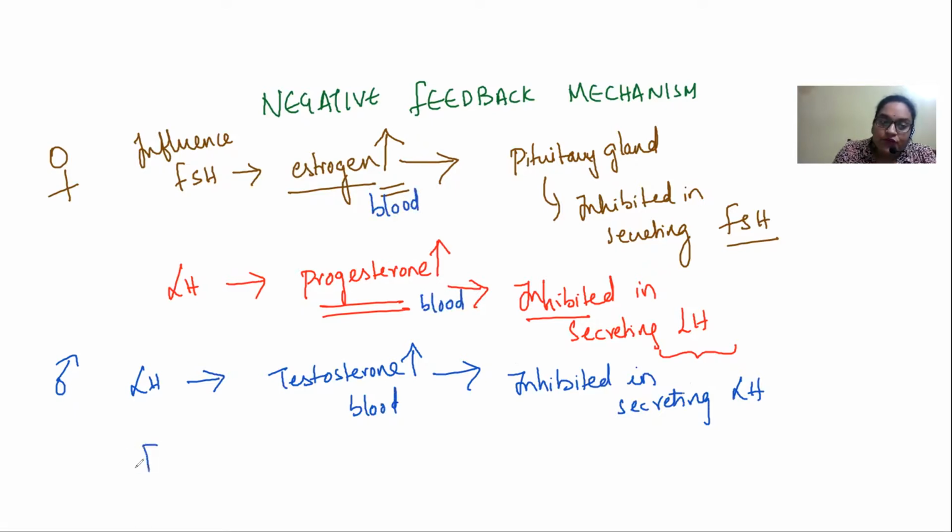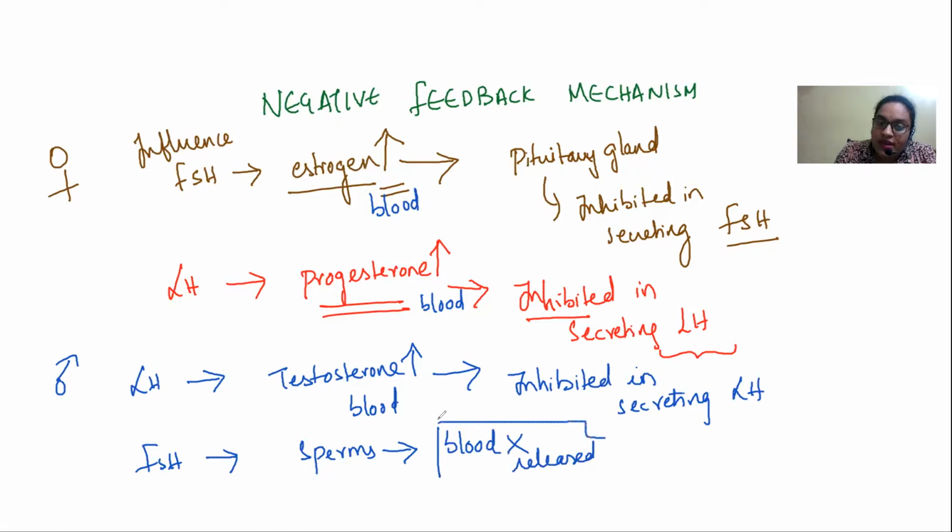Now, coming to the follicle stimulating hormone in the males, children, it influences the production of sperms. But are the sperms released into the blood? They are not released into the blood at all. So how can you send a signal to the pituitary gland? That can't happen, so there is no inhibition of your pituitary gland.